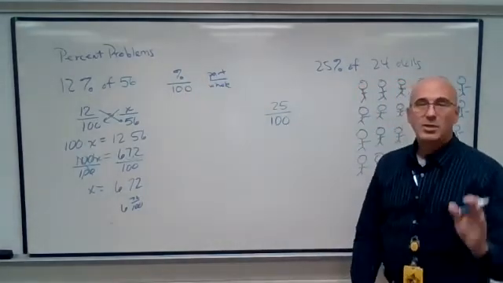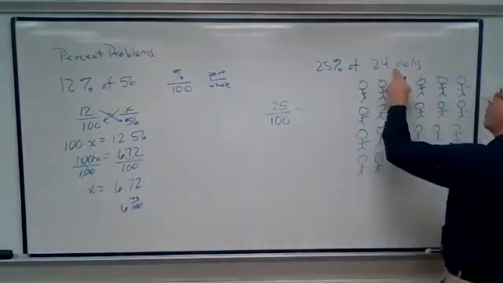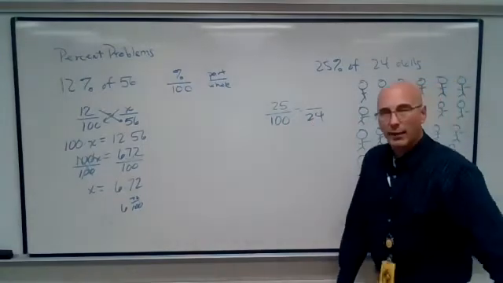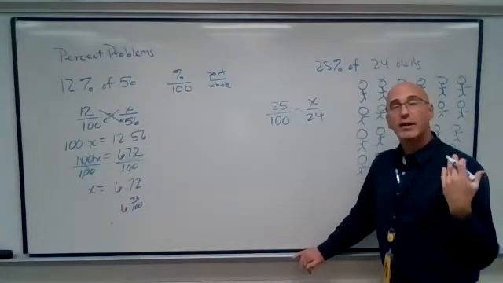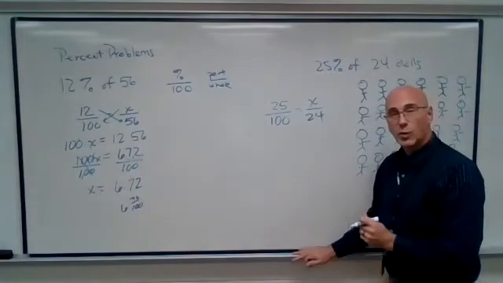And then the part over the whole. My whole collection is 24, so I'm going to put that on the bottom. And then I'm going to label that my X. I'm going to try to find out how many is 25% of 24.